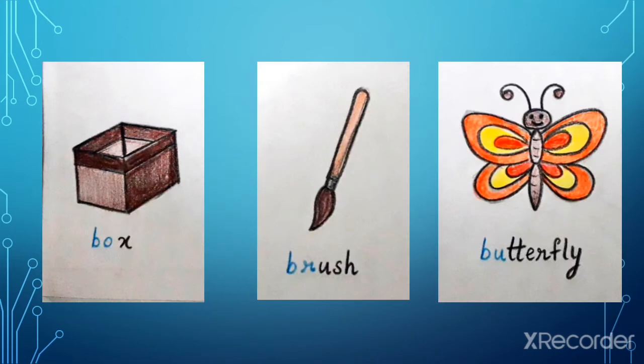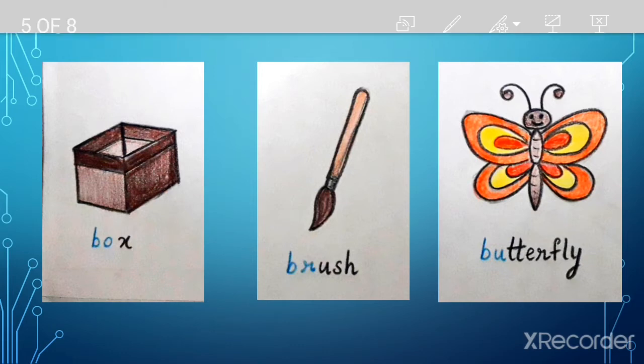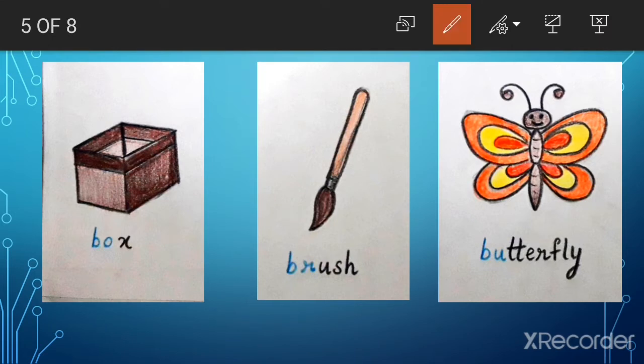Now look at these pictures. Here all the words start with B. B, B, B. Now, how can we arrange these words in alphabetical order? So now we have to look at the second letter.